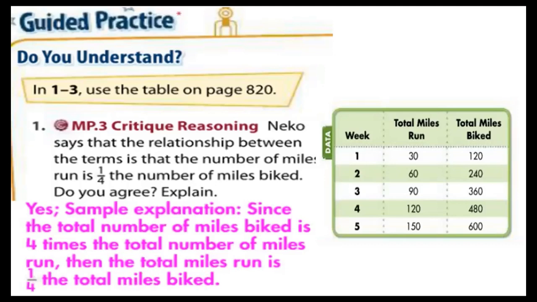Focus on the table and try to deduce the relationship between the two terms. You will find that bike is more than run each time by 4. Copy your answer and move to question number 2 in guided on the same page.